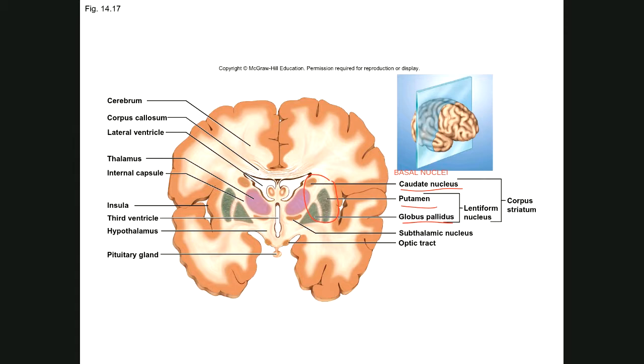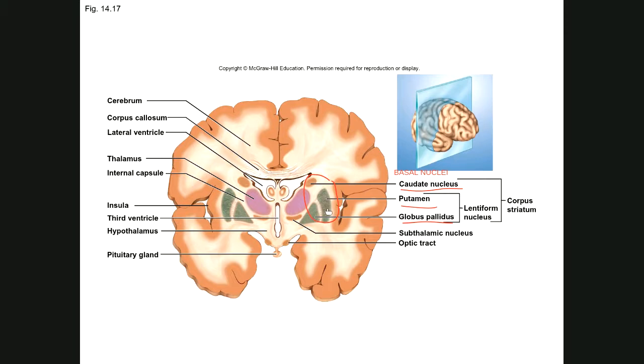But these, as you can see here, are located within the brain, therefore within the central nervous system, and therefore we have to correctly name it as basal nuclei instead. But if you ever run into the word basal ganglia, it refers to these same structures. Anyway, basal nuclei would be the correct name though. So these three structures make this group of nuclei called basal.